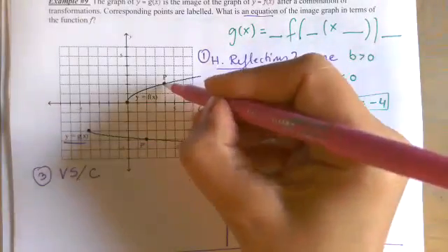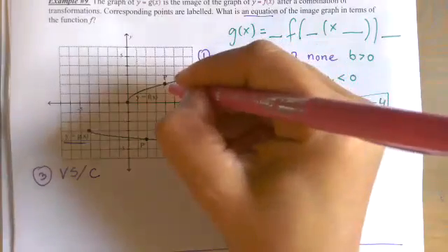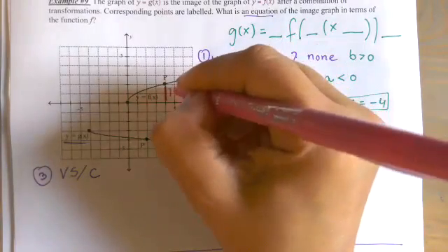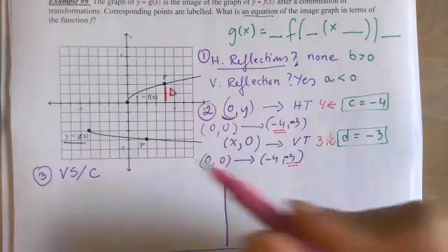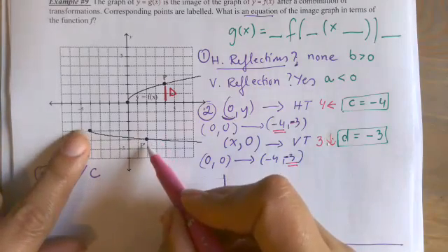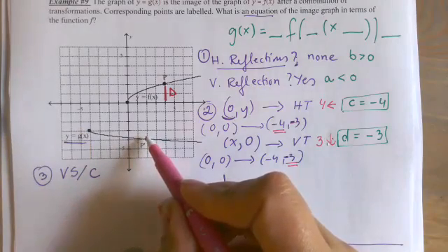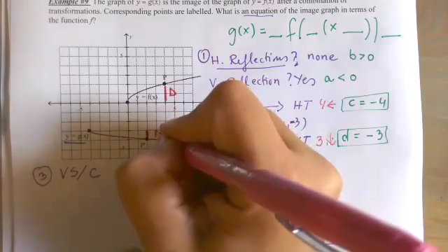So let's call the distance between the origin and the point P our D distance. So D for distance. And then we're going to look at the image graph between our 2 points because we're doing vertical stretch / compression. We don't know yet. Let's call this distance D prime.